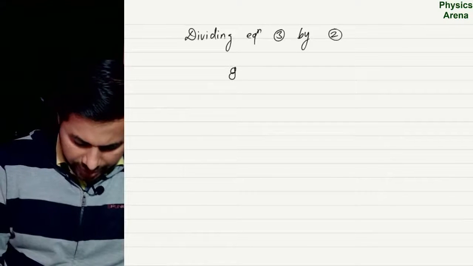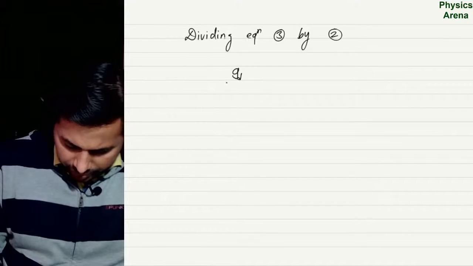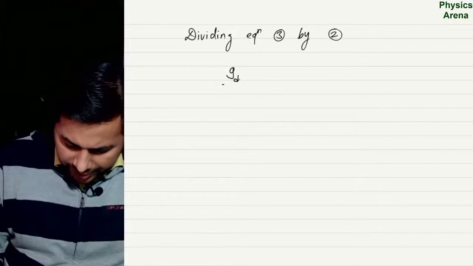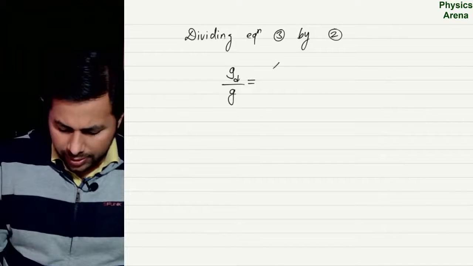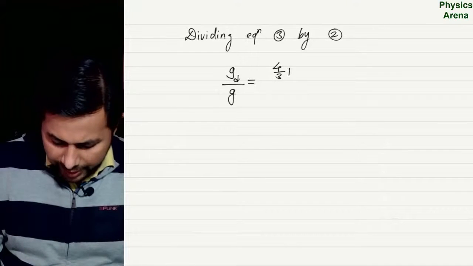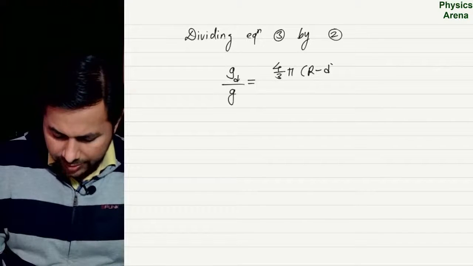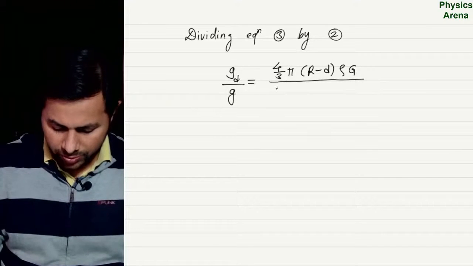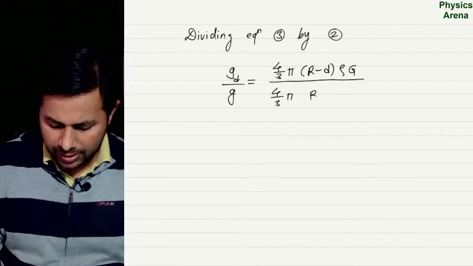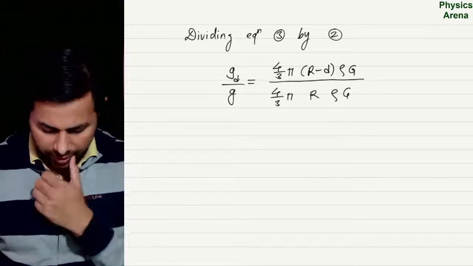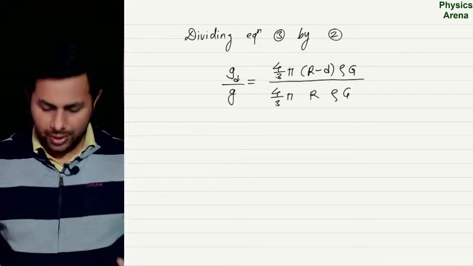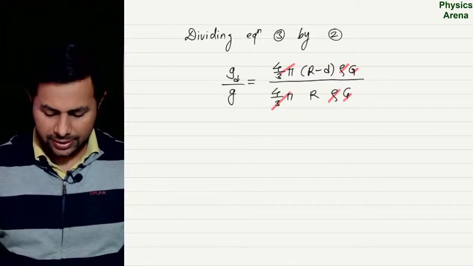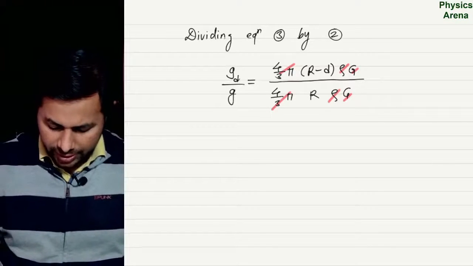So g at depth d divided by g will be equal to, equation 3 is 4 by 3 pi r minus d rho capital G divided by just 4 by 3 pi r rho G. Okay, and look here, this 4 by 3 pi and 4 by 3 pi get cancelled out, rho and rho get cancelled out, G and G get cancelled out, and we get this simple formula.